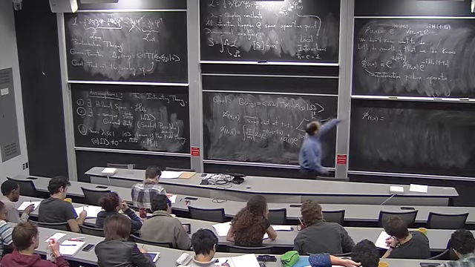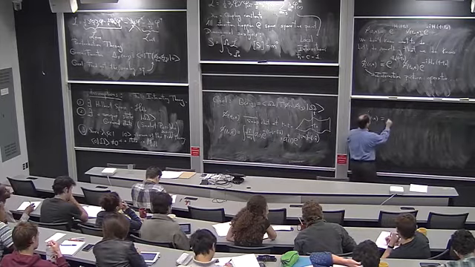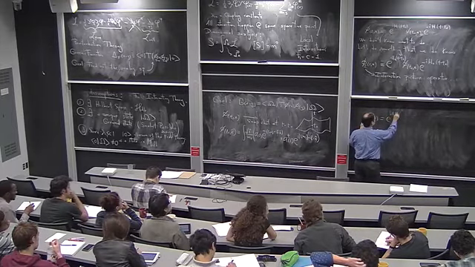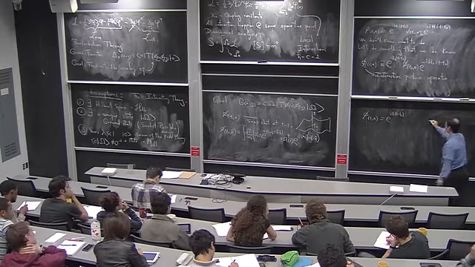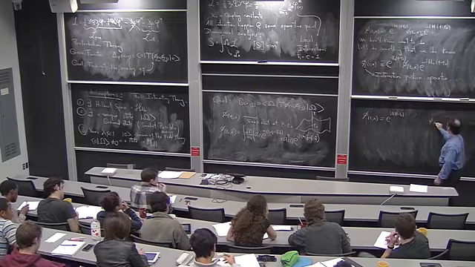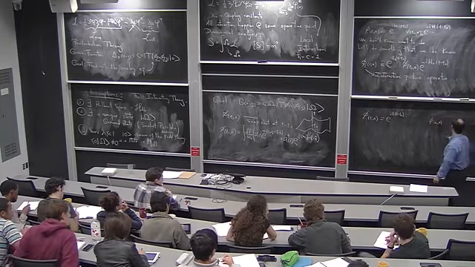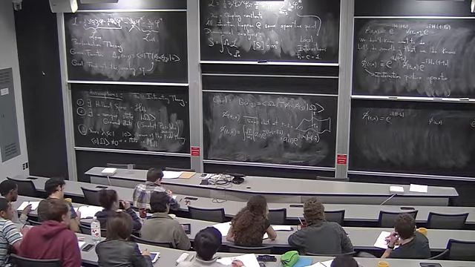We can now write the full field as follows. e to the i H (t minus t0), phi of t0, and I'm going to put here e to the minus i H (t minus t0).